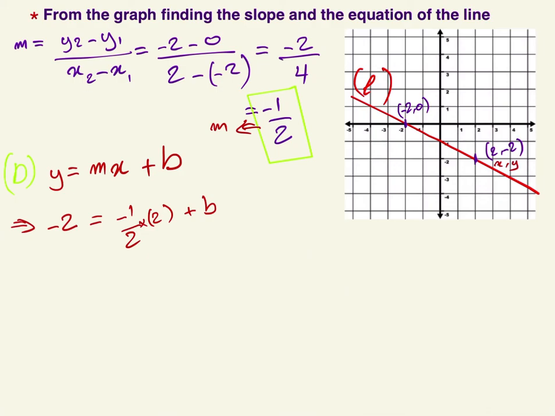So let's change the color, so let's go black. This is what is going to give us b is equal to -2 plus 1 is equal to -1, and we see from the graph that that is correct because here it passes -1.